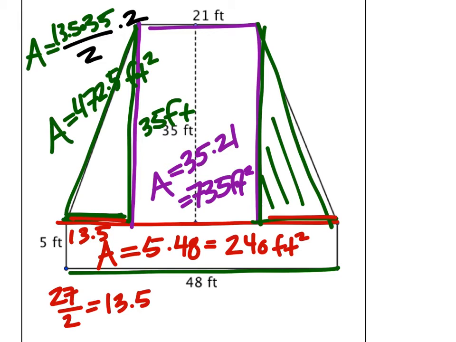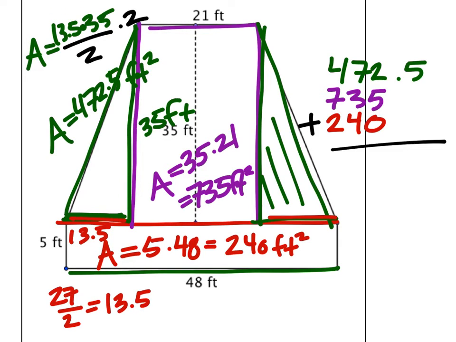We're going to take those and add all 3 of them, the green, purple, and red. When we add all these together, we will have the actual area of the whole shape. So adding these together, 1,447.5 square feet.